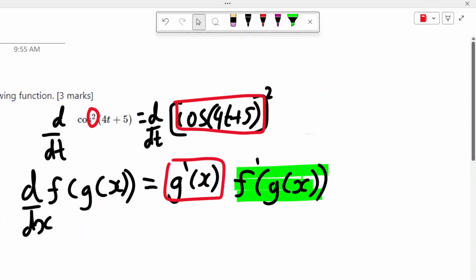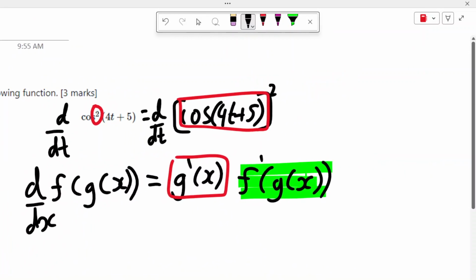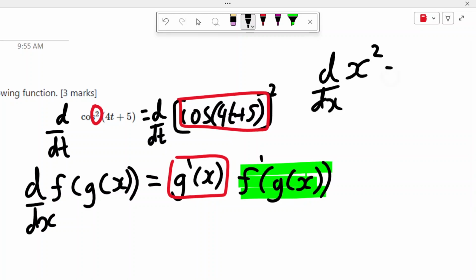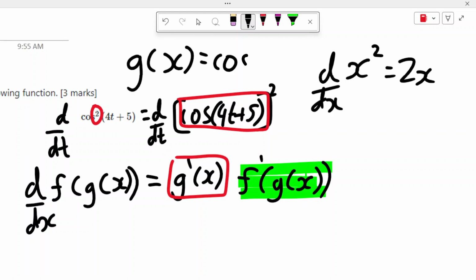So if we remember the x squared, we differentiated it and got 2x. Well, now we're going to plop in g of x, which is our function here. g of t in this case is 4t plus 5.